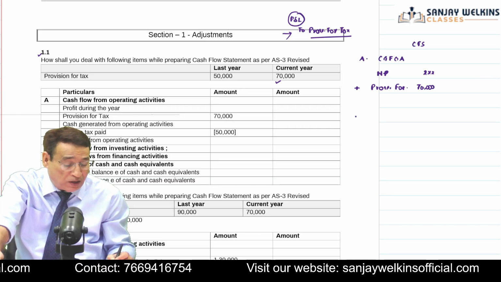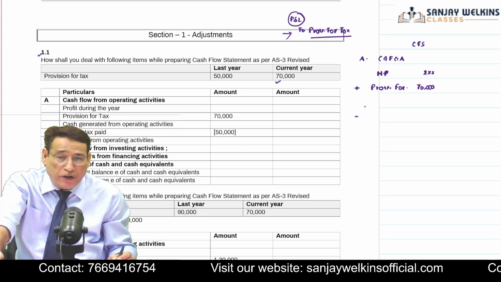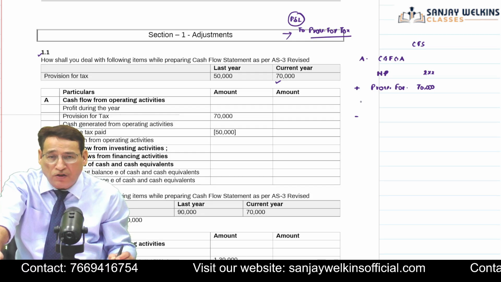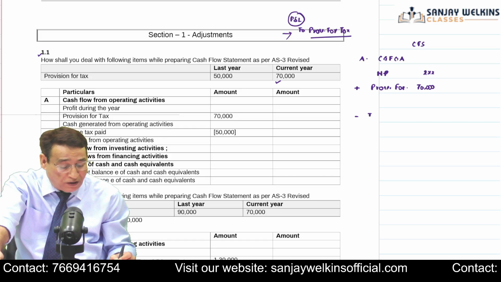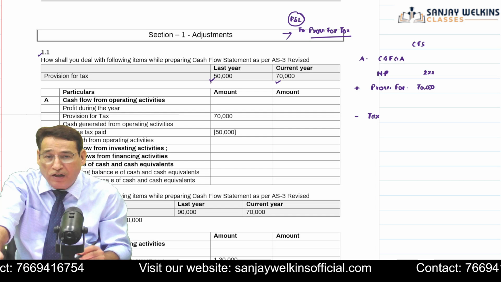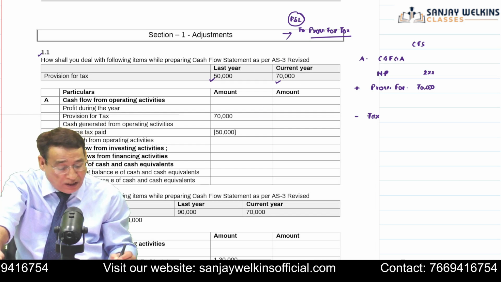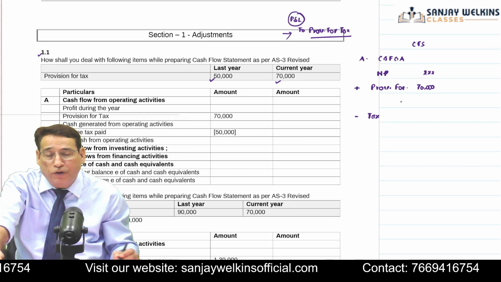And at the same time, under the cash generated from operating activity, as we talked in the last session also, the last item is tax paid. Now, last year's provision for tax which we made last year, by the end of the current year, this provision must have been paid.